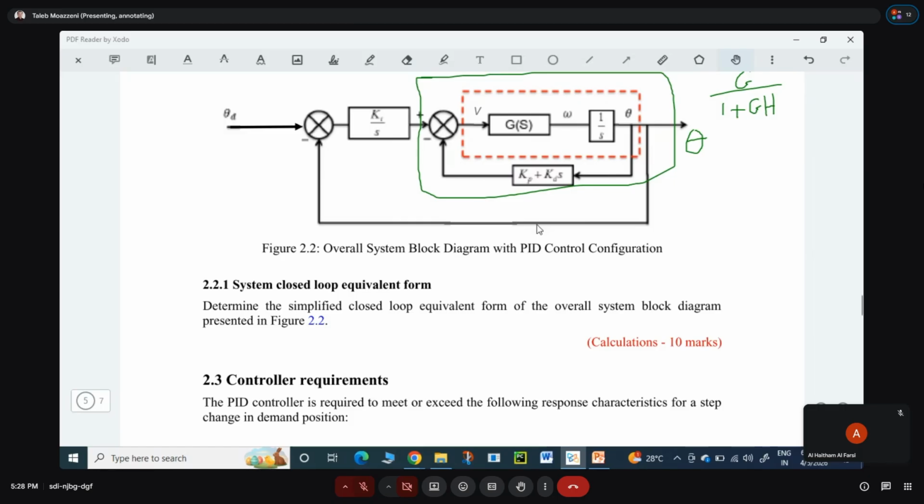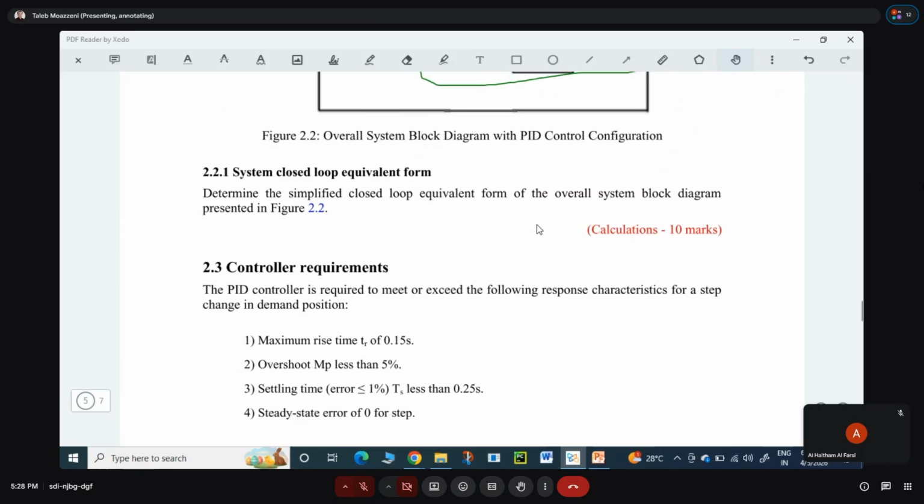When I say design the controller, it means that you should find these three parameters. That is again part of the calculation. It's not separate. So Kp, Kd, Ki, if you remember last week I talked about it, with a very simple second order system, first order system. Last time I solved a problem with PID for second order, just Kp or Kd, one of them, not all.